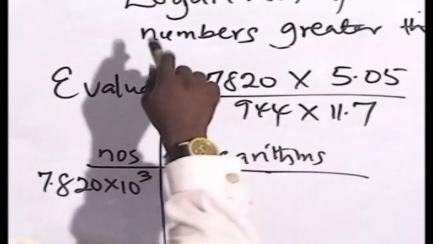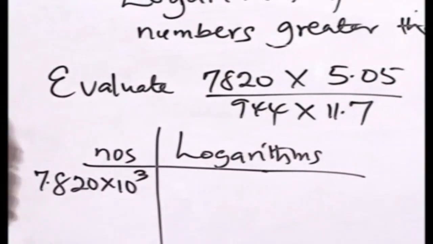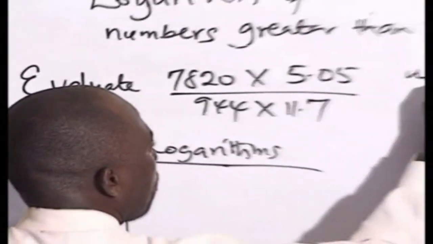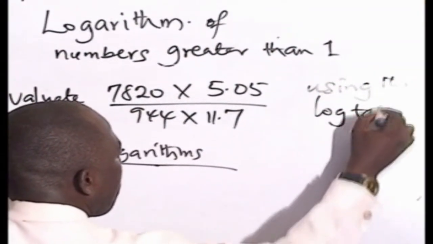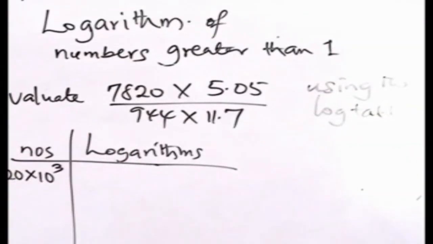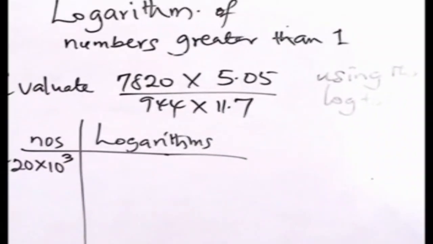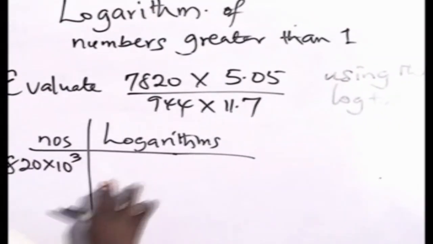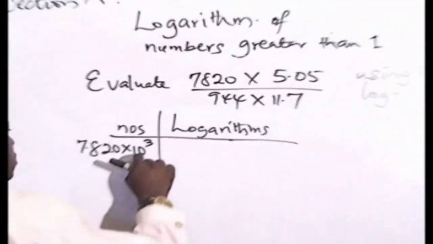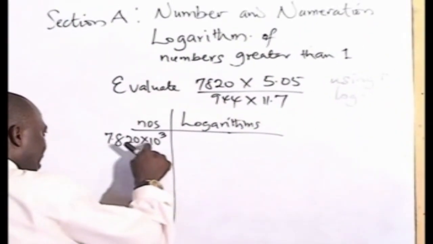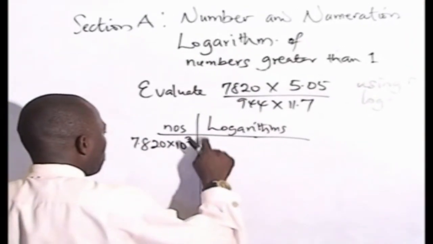If you are asked to evaluate this type of number using the log tables, you will need to express all of these numbers in standard form. And then the first digit you write here must be the power of the 10, the power to which the 10 is raised. That will be the first digit on this side.